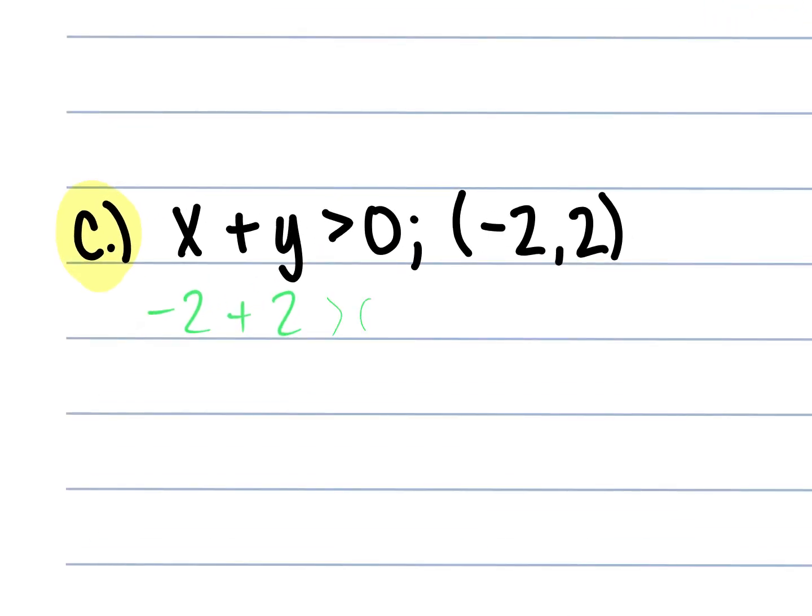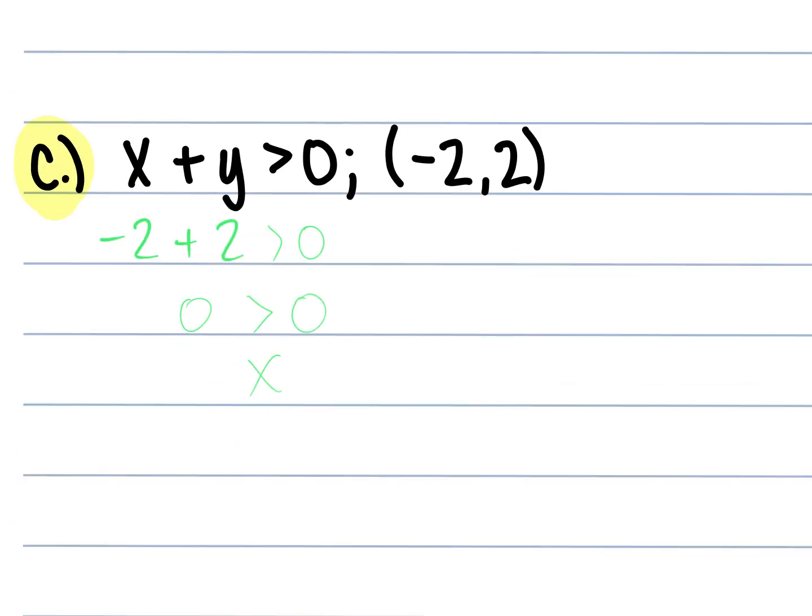That's a greater than symbol. Good. And then, is 0. Braden, is 0 larger than 0? No. Casey, what's my final answer here? How do I write it? Negative 2, 2 is not a solution.